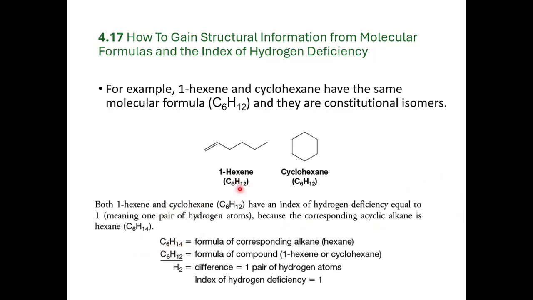And here you get C6H12. The difference between the two is 2 hydrogens. So there is a pair of hydrogen atoms, and therefore the index of hydrogen deficiency is 1.